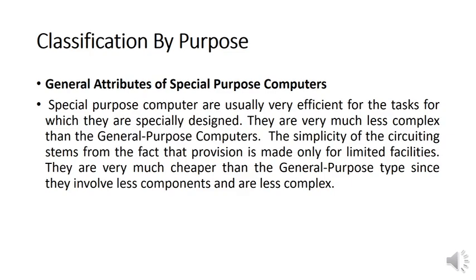They are very much cheaper than the general purpose type, since they involve fewer components and are less complex. So you can see what they are trying to let us know, that special purpose computers can be cheaper, despite the fact that they are used in a very highly sensitive environment. They can still be very cheap compared to general purpose computers.